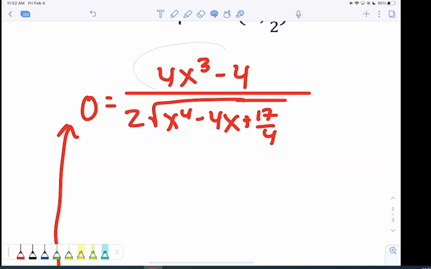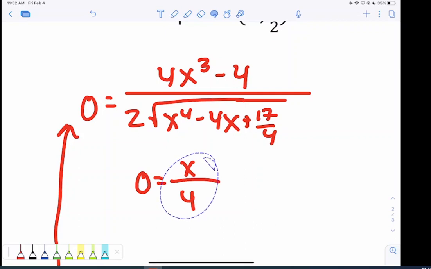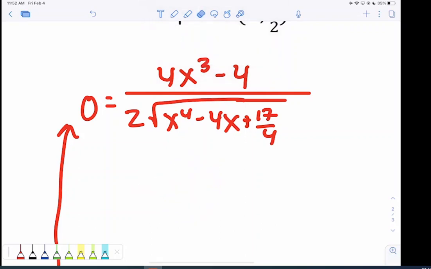When your numerator is equal to 0. So think about it, if I have 0 is equal to x over 4, x has to be 0, right? So we just need to look at when my numerator is equal to 0. So we can essentially ignore this whole denominator. That's why it doesn't end up being as bad as we think it's going to be.